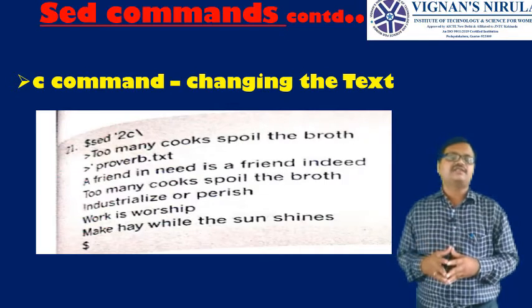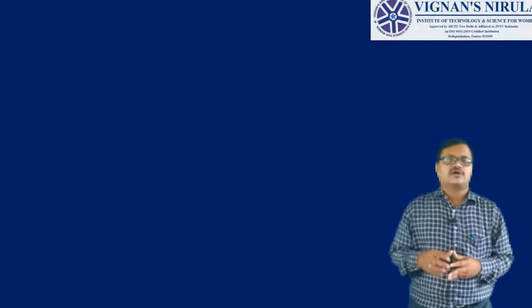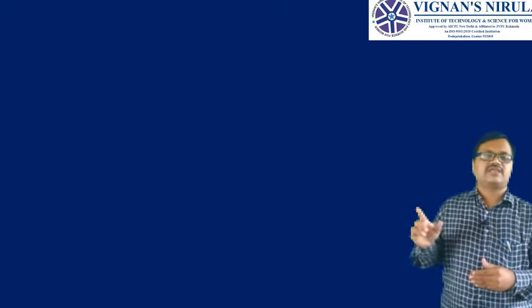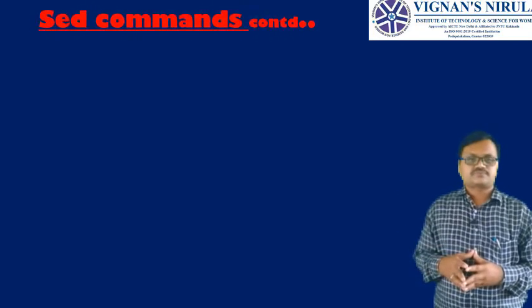Next is appending a line. That means you can add to the end of the file. How can you do that? You can do that in sed using the A command. That is sed space single quote dollar space a space slash.